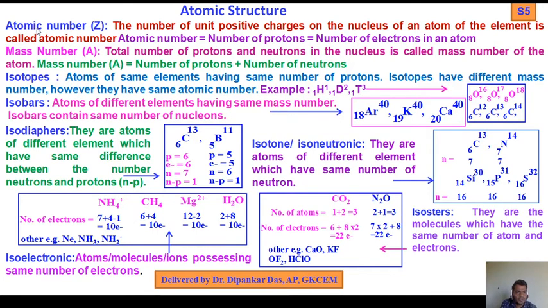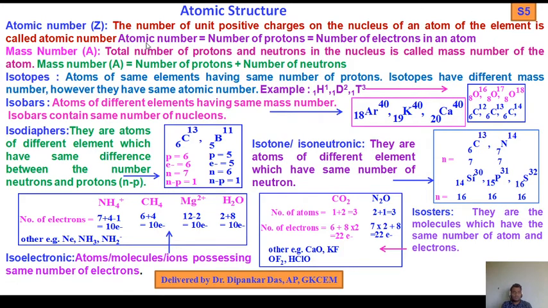Right now I am going to discuss atomic number. Atomic number, which is denoted by Z, is the number of unit positive charges on the nucleus of an atom of the element.